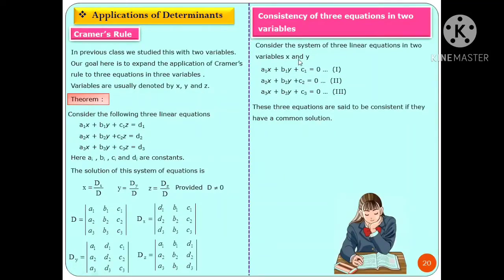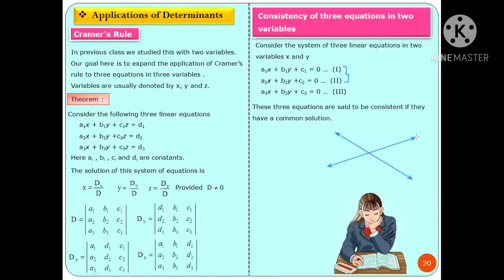Simply, these three equations represent straight lines. If you solve any two equations, you will get the point of intersection of those lines. Suppose the first line is a1x plus b1y plus c1, and the second line is a2x plus b2y plus c2.